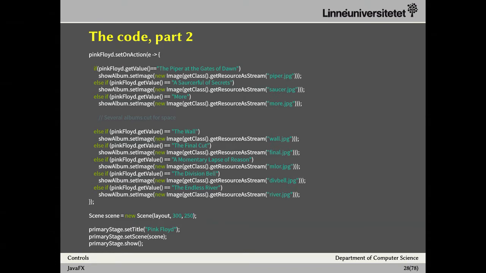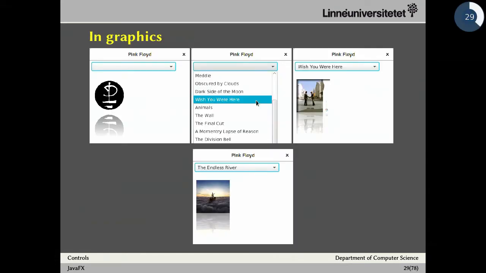And when we run this program, it will look something like this. First off, the default, which is a Pink Floyd logo, which happens to be tattooed over here as well. And then you have the drop-down menu or the combo box, where you just select, and you will see the list of different albums, and you select one.